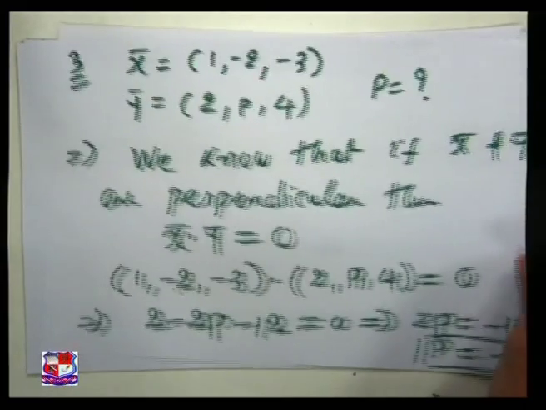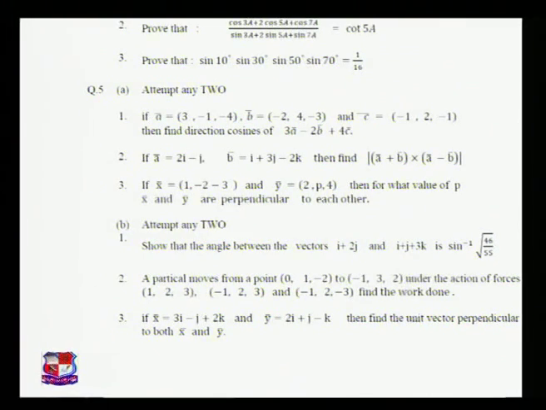Now we do not have more time to solve all three remaining questions of question 5b, but let us try to solve one of them. The first question is, the angle between vectors, let the first vector x bar be i plus 2j, and y bar be i plus j plus 3k.